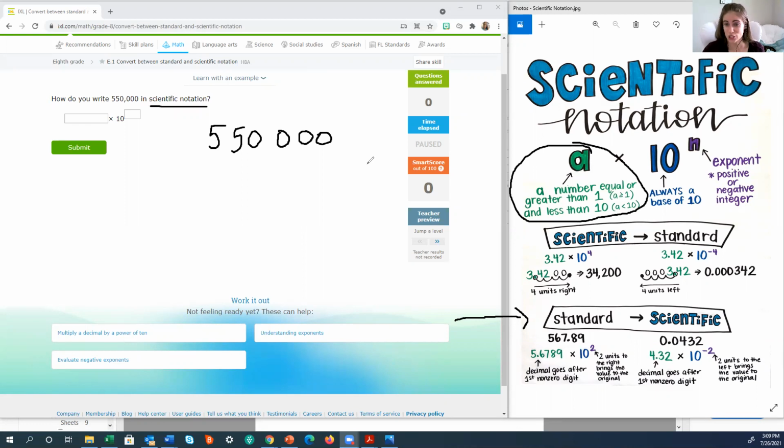We just don't write it if there is nothing to the right of the decimal point. There technically is an invisible decimal point right here, because I could add as many zeros as I wanted to the end of that, and it wouldn't matter, because to the right of the decimal point, if it's all zeros, it is not worth anything.